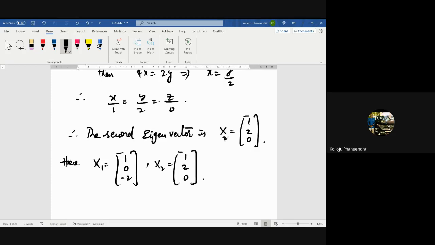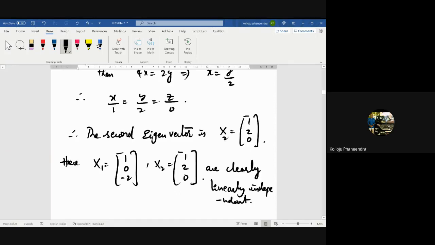That means, is one vector obtained from the other by constant multiplication? No, sir, clearly independent. These are linearly independent. Is that clear?